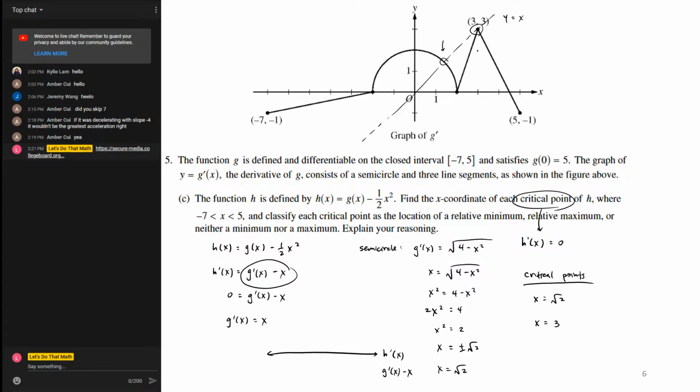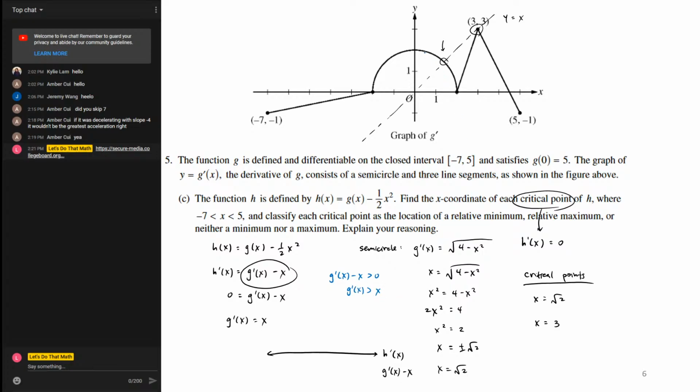Alright, so here you might see why it's helpful for me to draw the line y is equal to x, because this dashed line that I have here is going to be the line of y is equal to x, and the solid line that they've given me, of course, is just g prime of x. So g prime of x minus x is positive when g prime of x is greater than x, right?